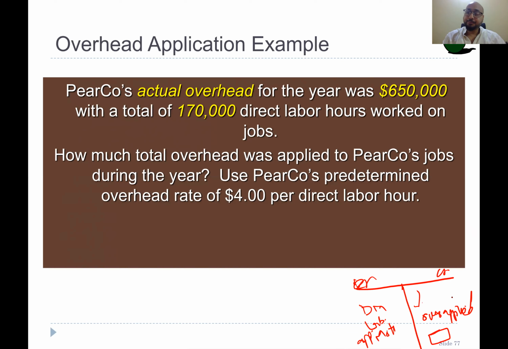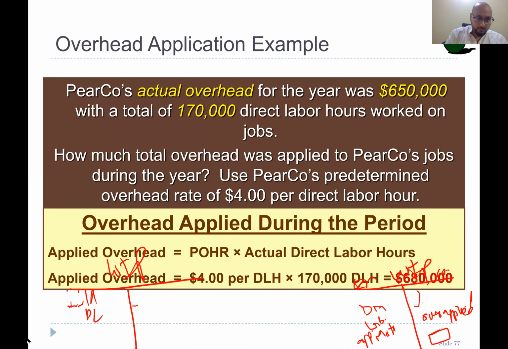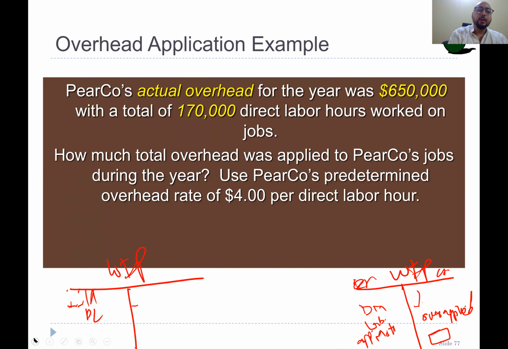If under applied, your actual is greater than your estimation. It means our product cost is also underestimated. So we need to add, in that case, to work in progress. So there's direct material here, direct labor, and here we have applied overhead.